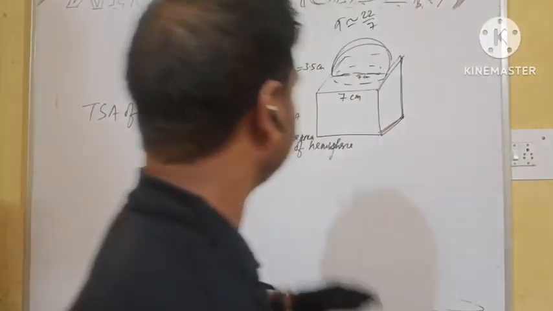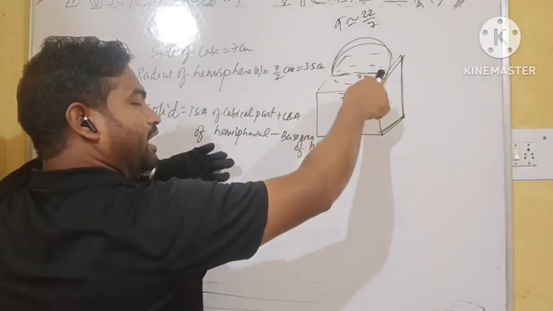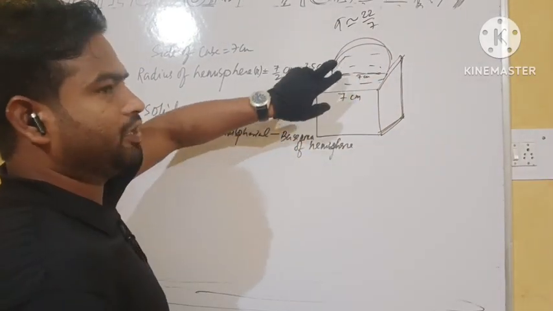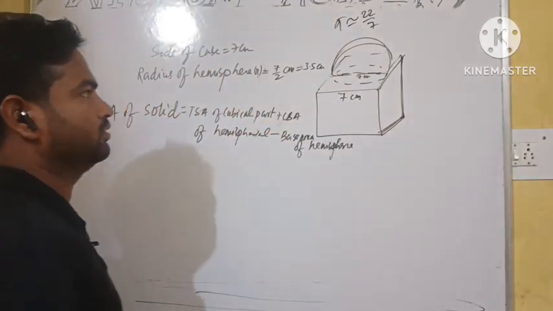For the total surface area of the solid, we take the curved surface area of the hemisphere and the total surface area of the cubical box.